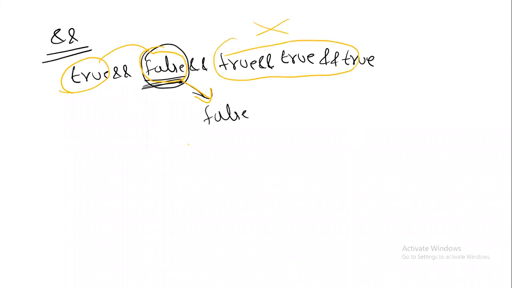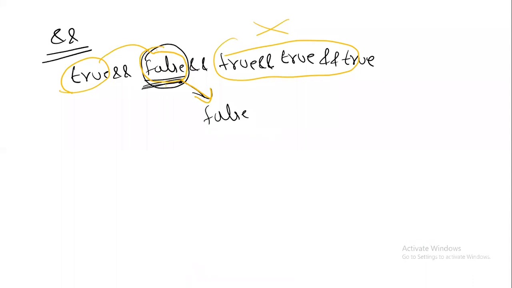Is it clear why it will not evaluate? Because it knows that if one condition is false, even if there are 100 or 1,000 conditions which are true in the future, there is no use at all. Because in the AND operator, if one condition is false, everything is false. Is this point clear, everyone? So this is how it is in the AND operator.